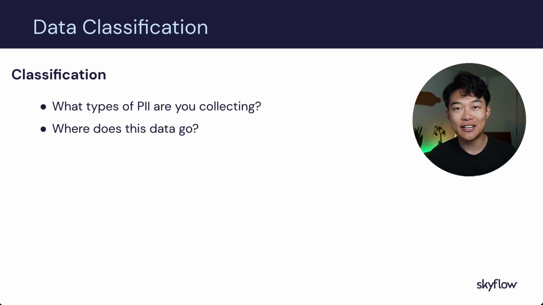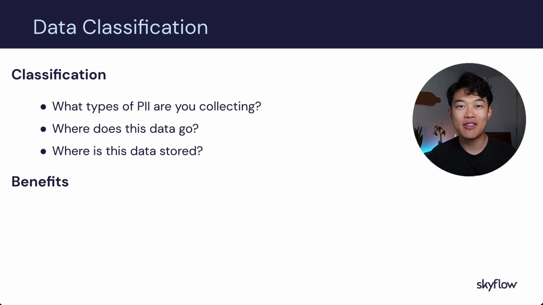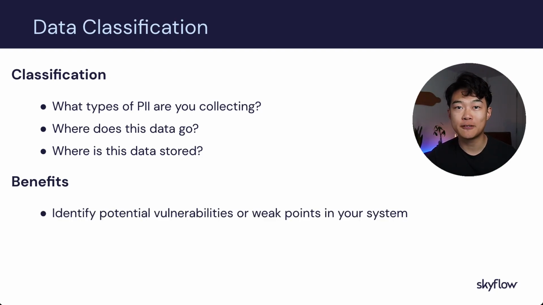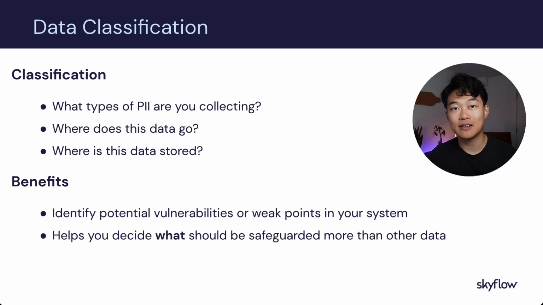By understanding the data flow within your system and where PII is being used or exposed, you can also identify potential vulnerabilities or weak points in your system that could be exploited by hackers. For example, if PII is being transmitted or stored in an unencrypted format, it is at risk of being intercepted or accessed by unauthorized parties.